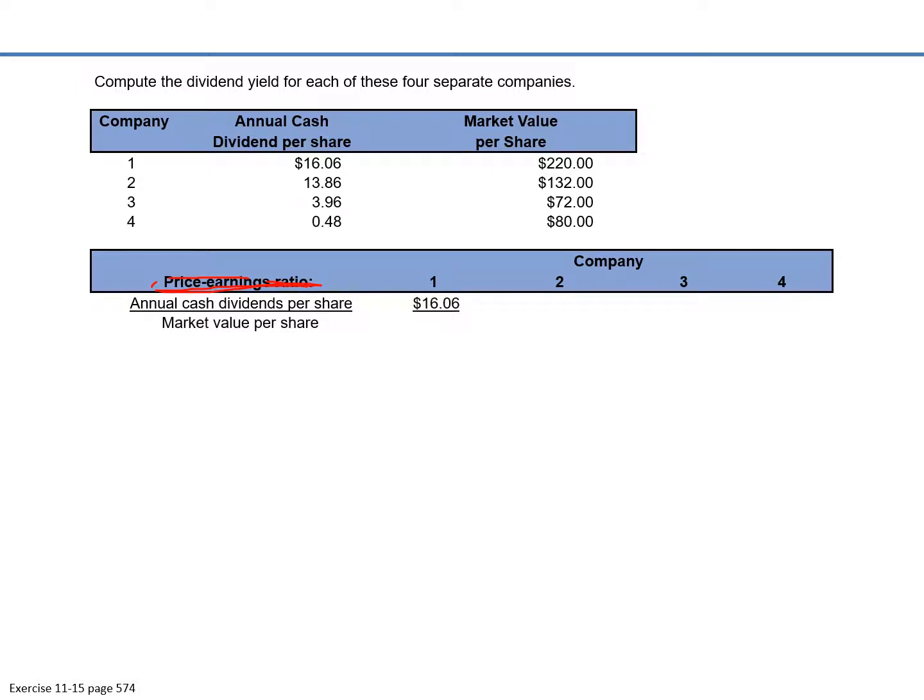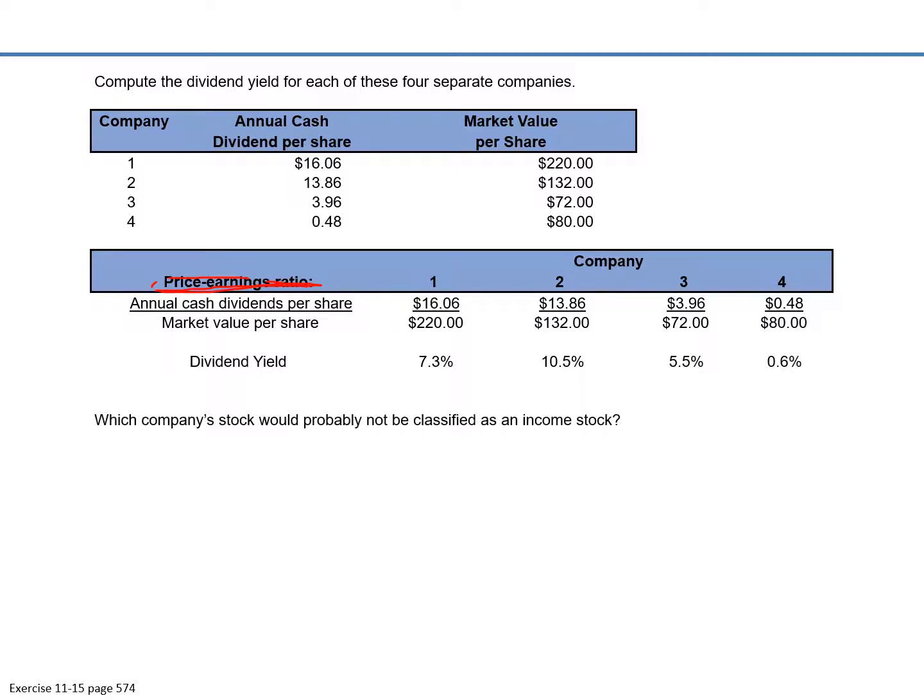For company 1, they have cash dividends of 16.06, and their market value per share is $220. So that's a dividend yield of 7.3%. Company 2, 13.86 divided by 132 is 10.5%. Company 3, 3.96 divided by 72 is 5.5%. Company 4, 48 cents divided by $80 is 0.6% dividend yield.